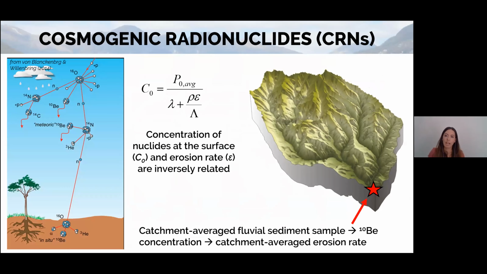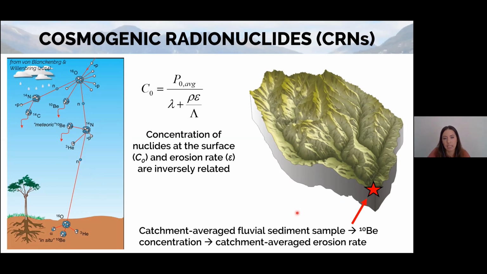Just a brief introduction to cosmogenic nuclides in case you haven't heard of them. Cosmogenic nuclides are nuclides that form in the atmosphere and in the top meters of the bedrock due to the interaction of atoms with the incoming cosmic rays. They are nuclides such as carbon-14 or beryllium-10 or helium-3. One of the best established applications of cosmogenic nuclides is to estimate catchment average erosion rates.